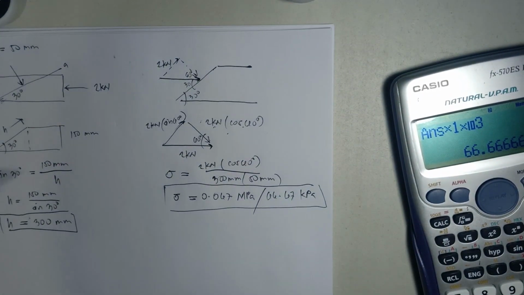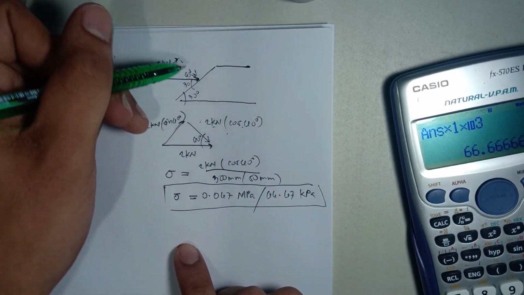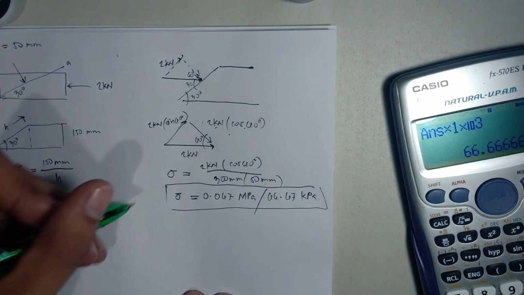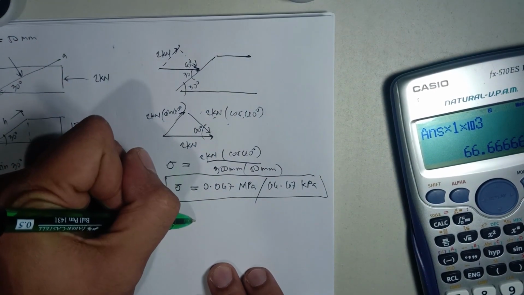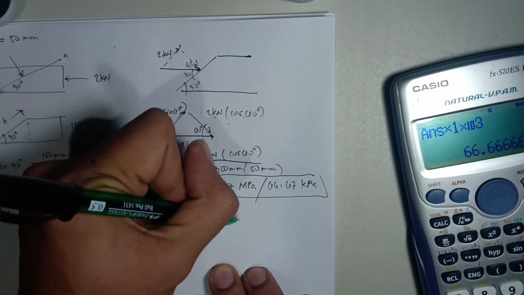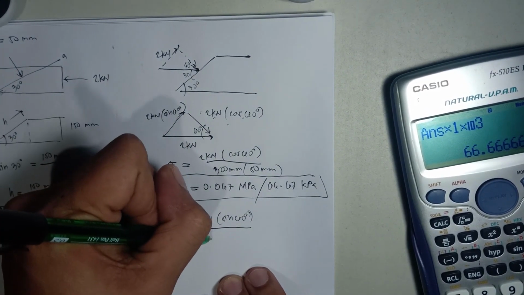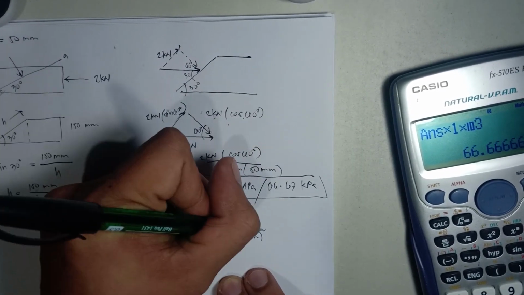Ngayon, yung average shear stress, ang gagamitin naman natin, yung parallel dapat yung force sa area. So, ang parallel sa force is this area or 2 kN sin 60. So, yung shear stress sa section AA, yung force niya is 2 kN times sin 60, all over area is 300 millimeters times 50 millimeters.